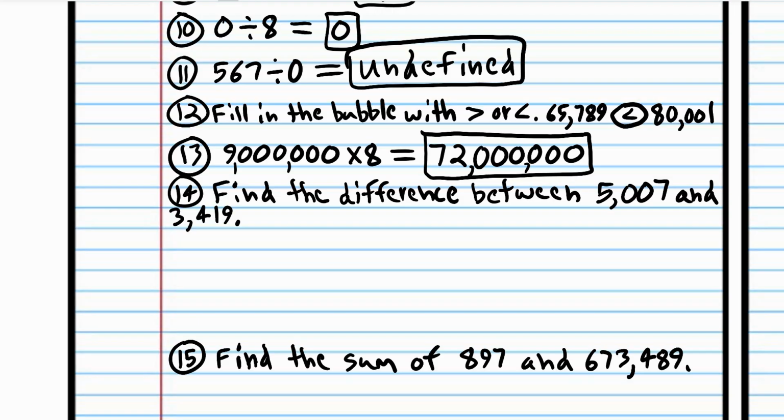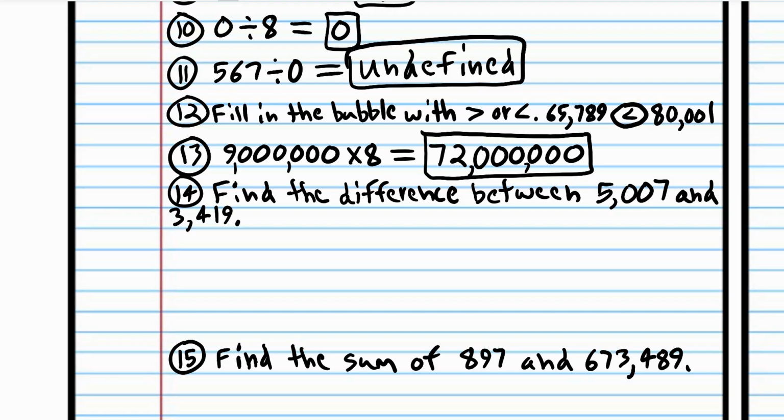All right, number 14. Find the difference between 5,007 and 3,419. All right, so what does that mean? Well, if you remember difference, well, you tell me, what does difference mean?